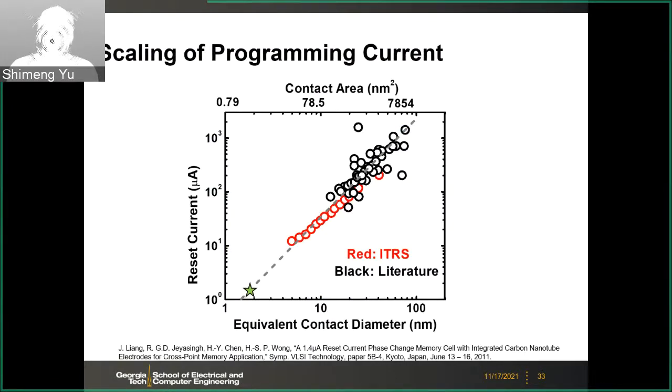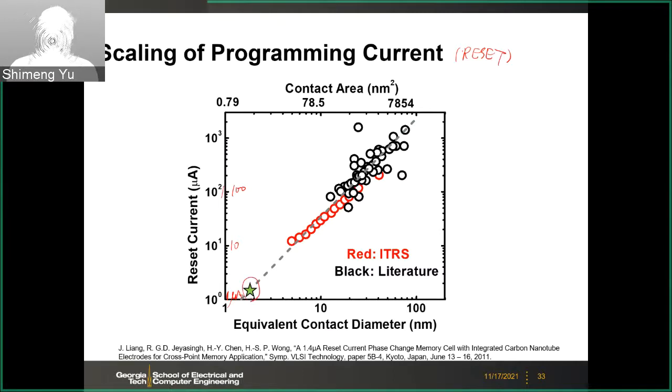So here this is the summary of the scaling trend of the programming current for the reset. The reset needs higher current in phase change memory. And if you convert that to the equivalent contact diameter, this is like 100 micron, 10 micron, and 1 micron.